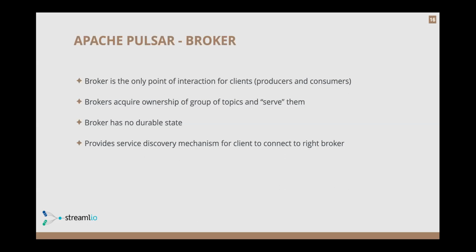The third bullet point is that the broker doesn't really have any durable state, so it doesn't depend on the data being in there. If the data is not in the cache, we'll go to the independent bookie layer to get that information and return it to the consumer who's looking for the data. This also provides a service discovery mechanism.